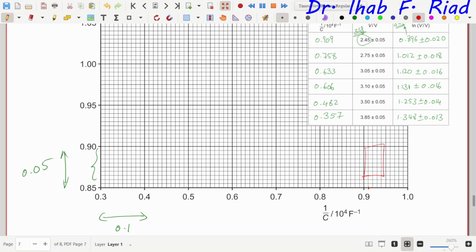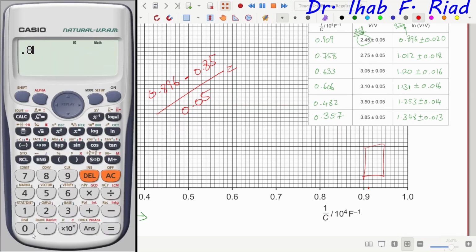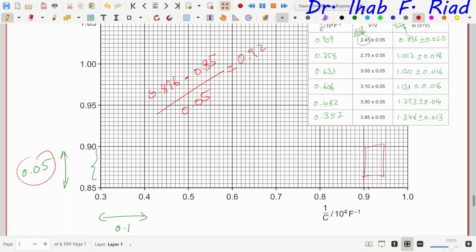As I have shown you before, it is 0.896 minus 0.85, and we divide by 0.05, and we get 0.92. Where do we look? We are going to look for this number.